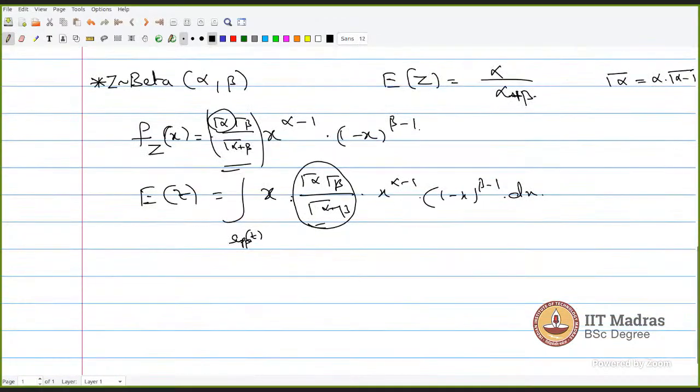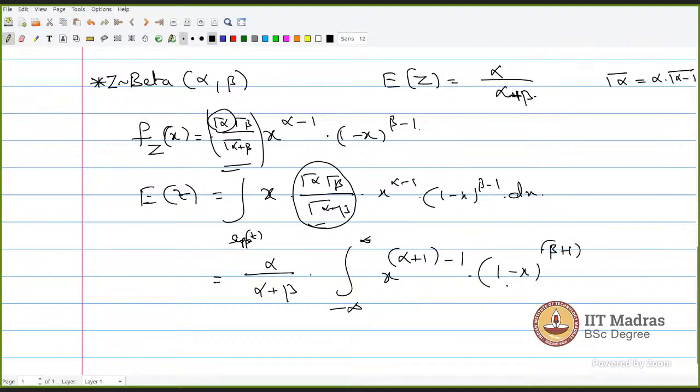So these are required because we are going to do some manipulations here. We will get again a beta distribution which integrates over its support to 1, and we will be left with alpha by alpha plus beta. We will get alpha plus 1 times something like this, which will eventually evaluate to 1.